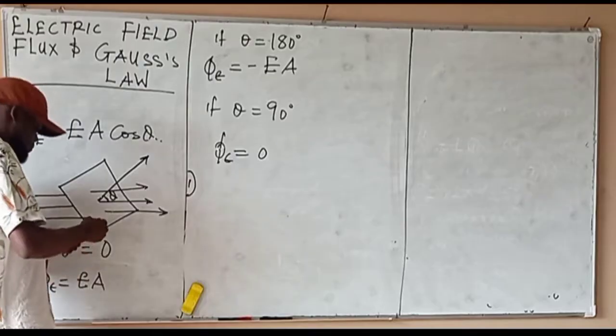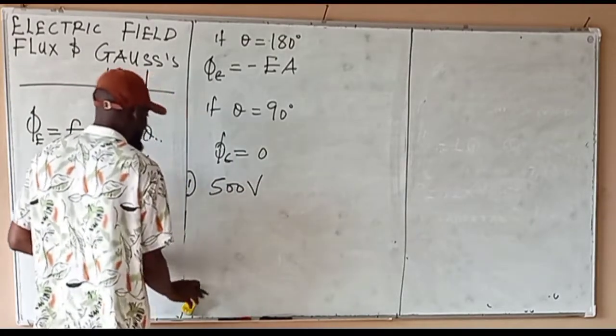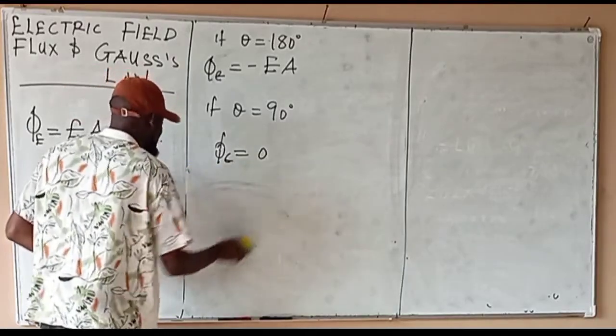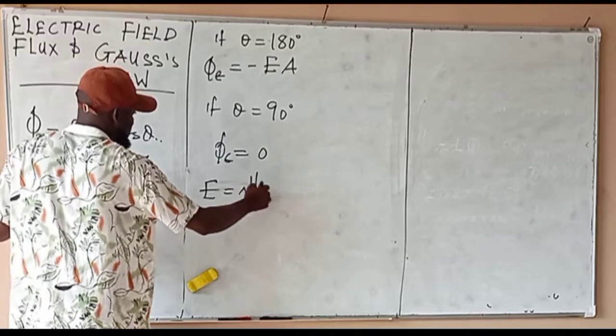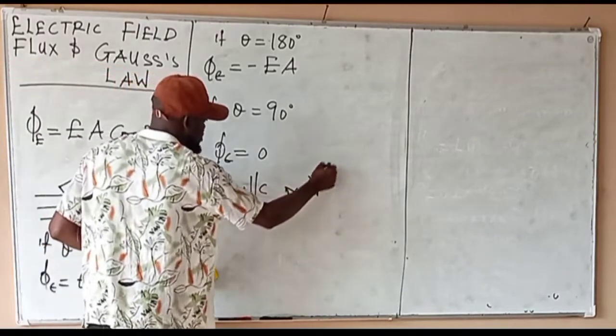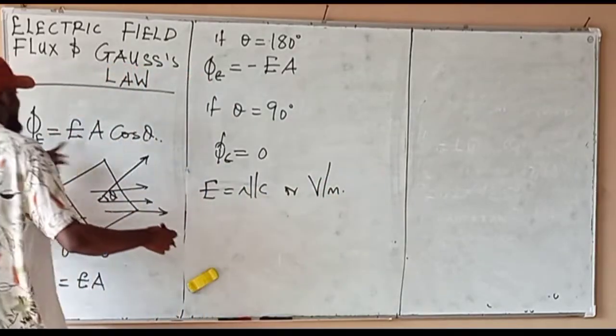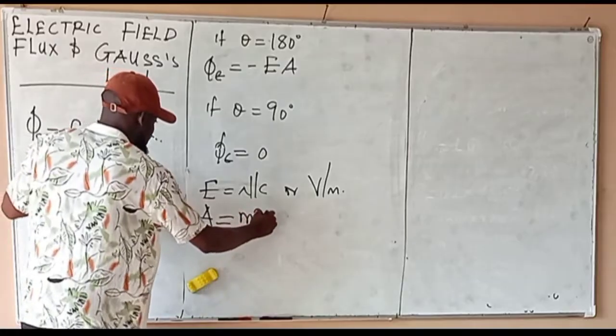An electric field of 500 volts. Okay, before I even go to this place, let's look at SI units. Remember the SI unit of electric field is Newton per coulomb or volt per meter. Then the SI unit of area is meter square. Take note of that.